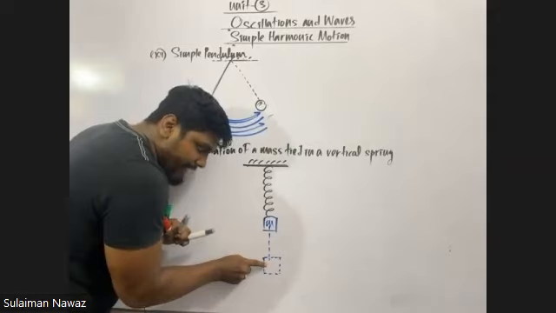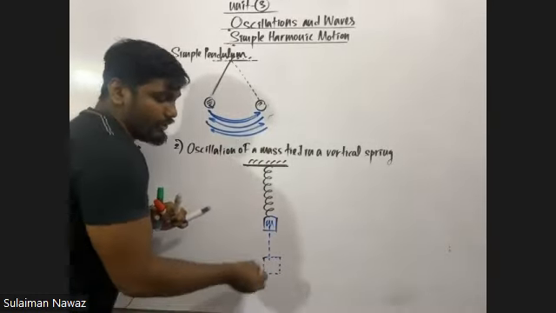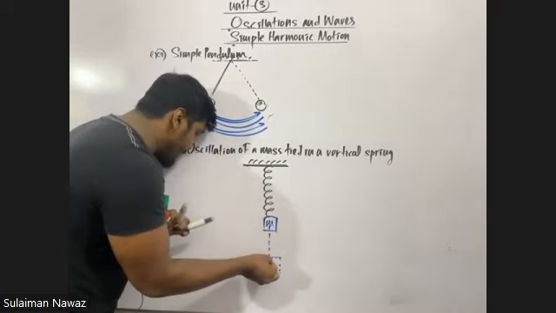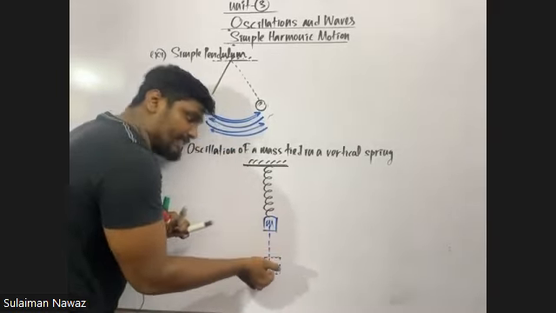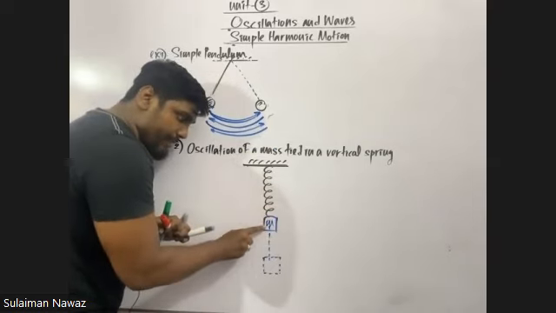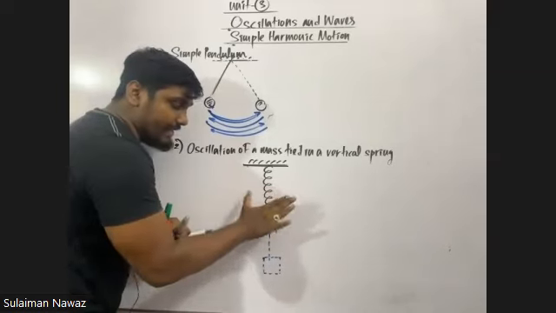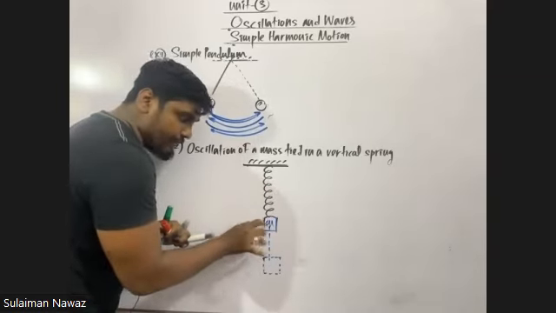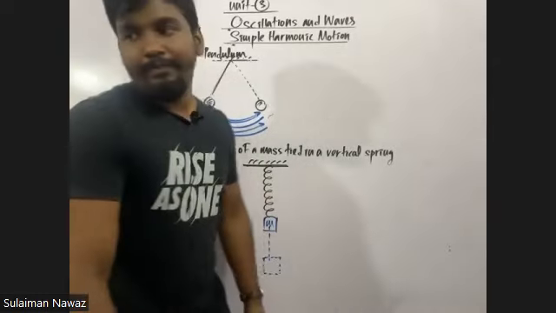The mass will move up and down continuously. It follows the same motion again and again, going up, coming down, up and down. The mass repeats its same motion. Therefore we can say the mass moves in a periodic motion.